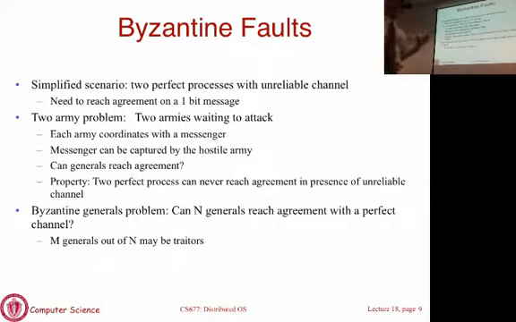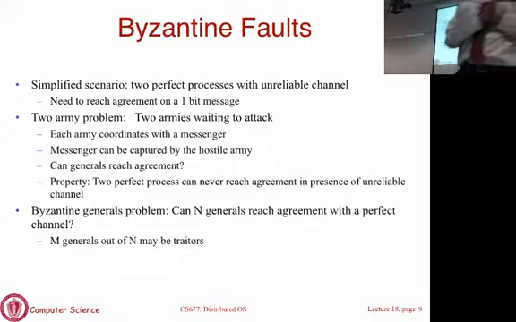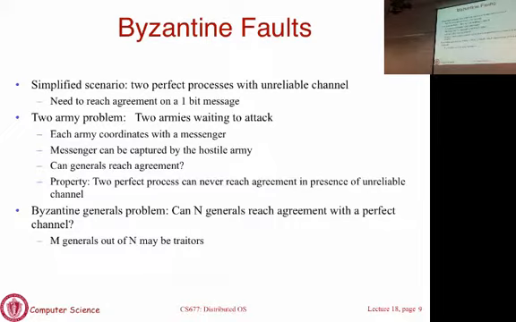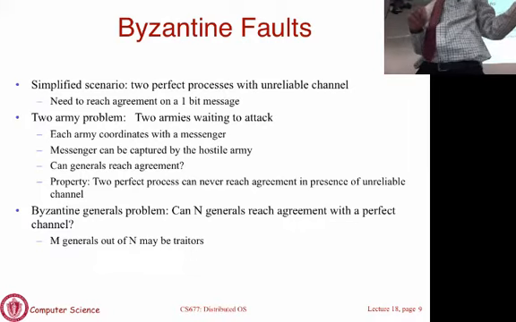You have an army that's divided into two, and there is a general managing each of the two armies, and they want to attack a common enemy. These two generals want to agree on whether to attack. So the message is yes or no: should we attack or not attack? The way they will communicate is through a messenger who has to traverse from where the first army is located to where the second army is located, but through enemy territory.